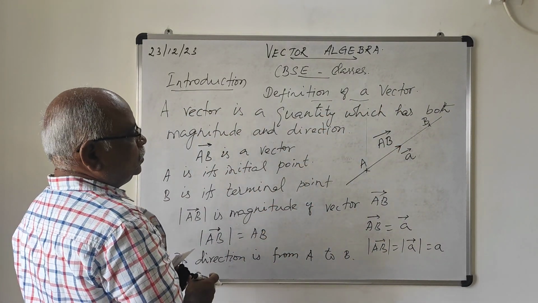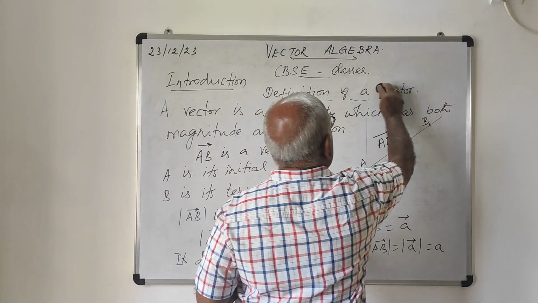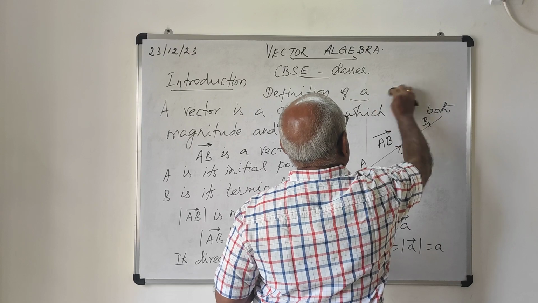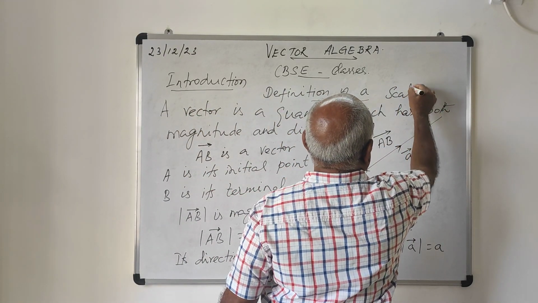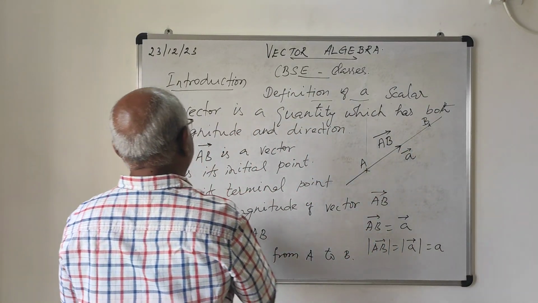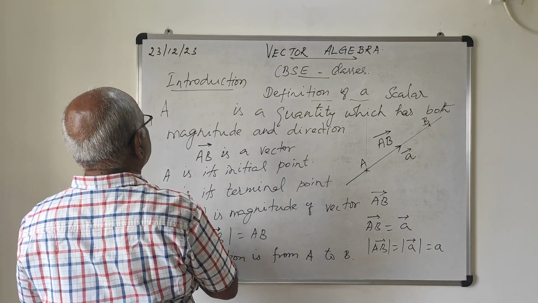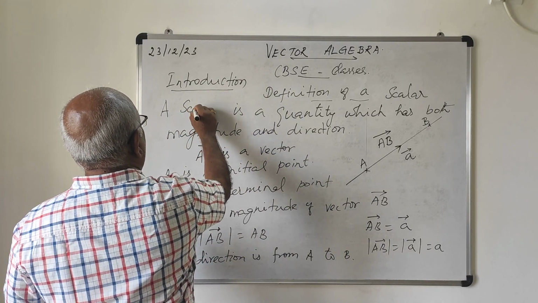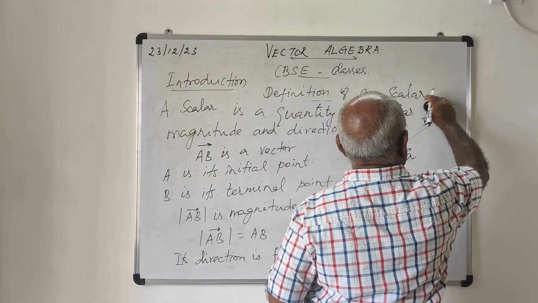Okay. Next, definition of a scalar. So a vector is a quantity which has both magnitude and direction. Now, the definition of a scalar. A scalar is a quantity which has only magnitude.